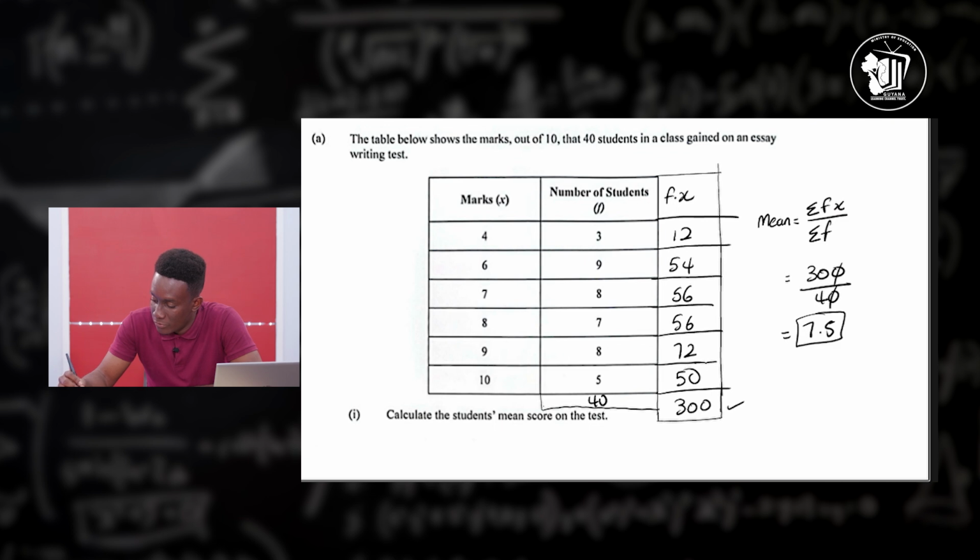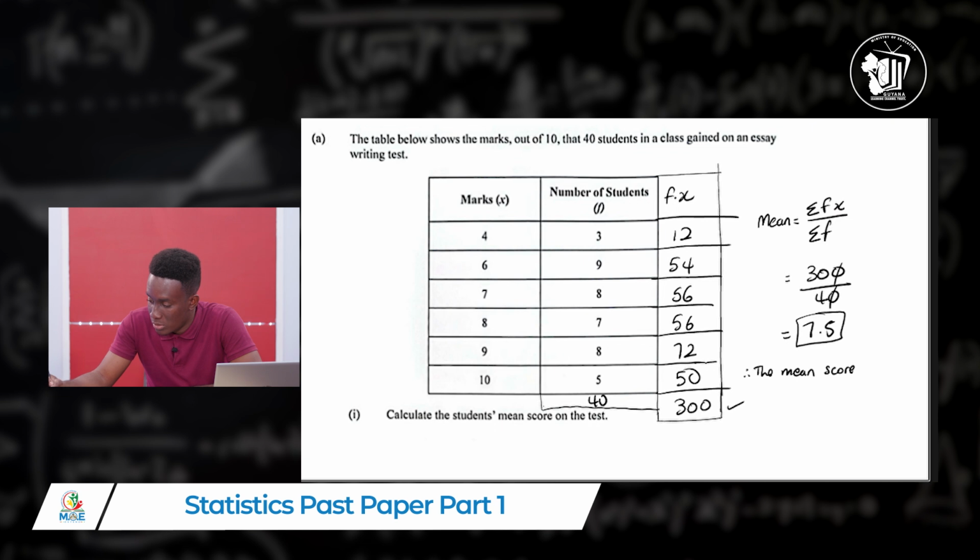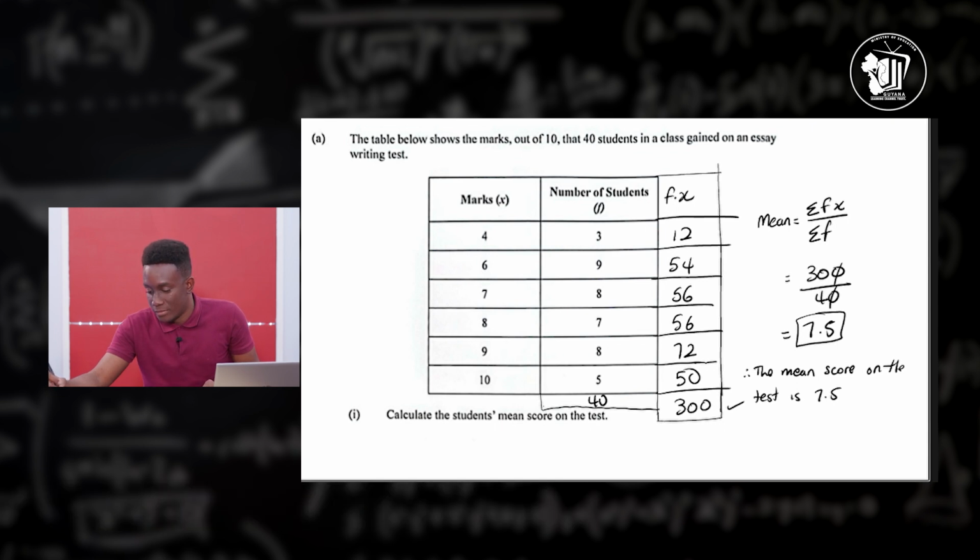So we can say, therefore, the mean score on the test is 7.5 marks. And that is as easy as that.